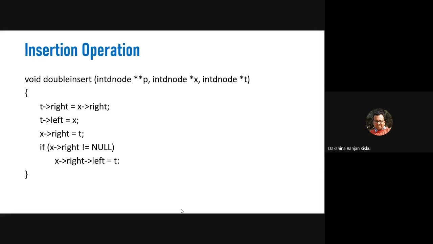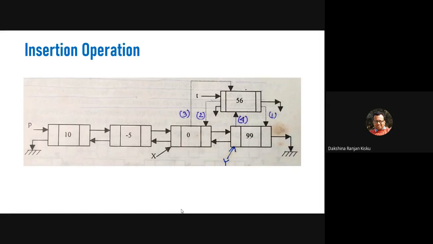The next operation is the insertion operation. This insertion operation means we will insert a new node in the doubly linked list. A doubly linked list will be provided to us, and in it we will insert a new node. Now let us see the illustration.